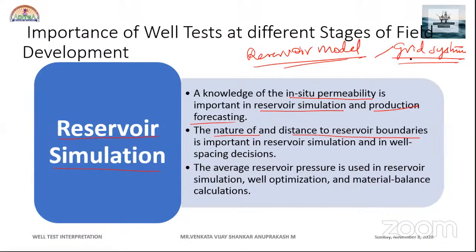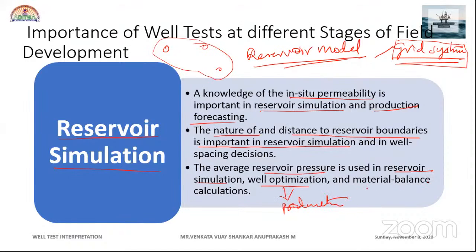So when you are marking the boundaries, we have to mark according to your grid system. So this is important in your reservoir simulation, because spacing is also one study we can do: how much space should be maintained between the different wells. We don't want to waste money unnecessarily by placing the wells too near to each other. So average reservoir pressure is used in reservoir simulation, of course, optimization of your production and material balance calculation.